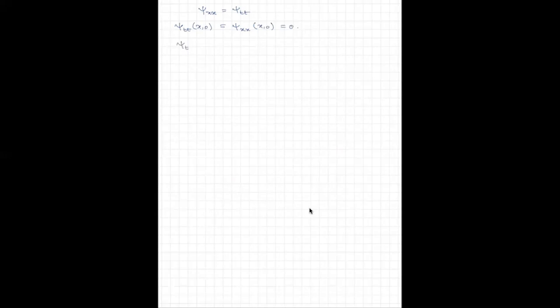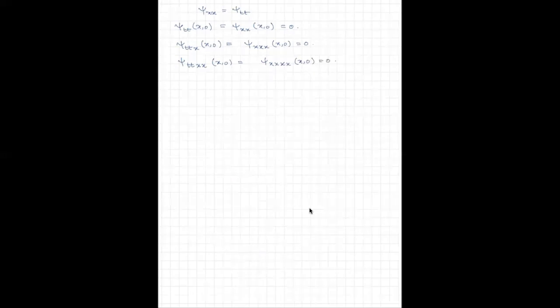So psi ttx is psi xxx, which is equal to 0. Similarly, you can go on doing this. Psi ttxx is psi xxxx, and this is equal to 0.